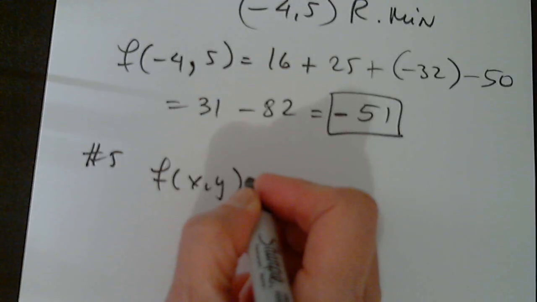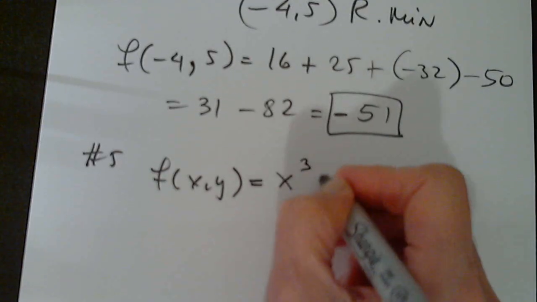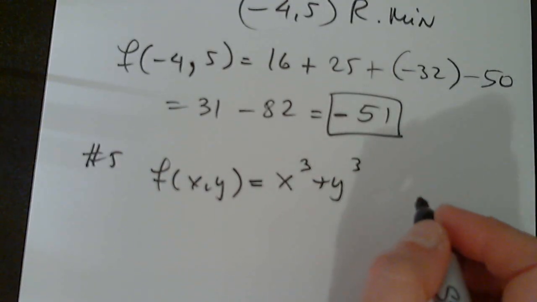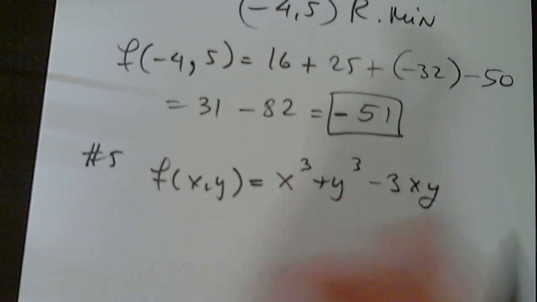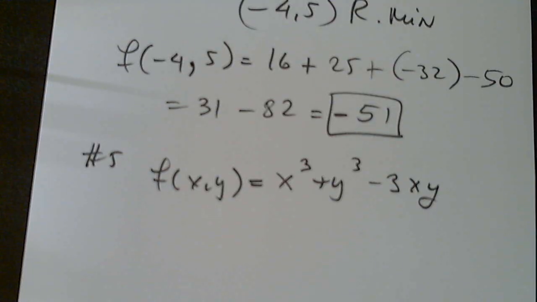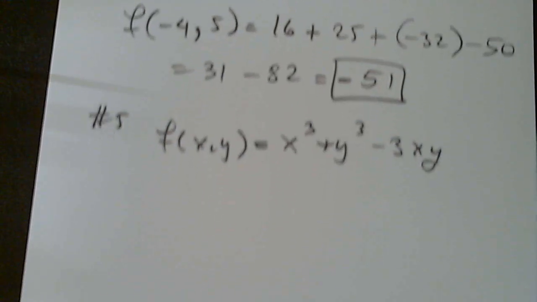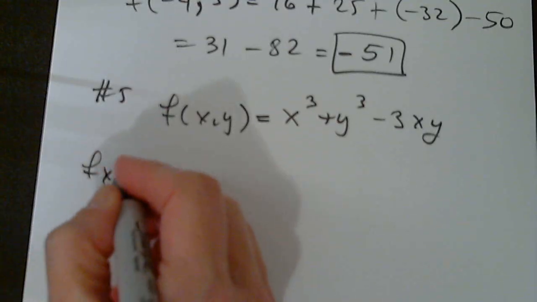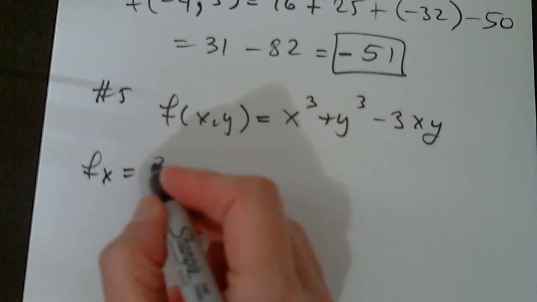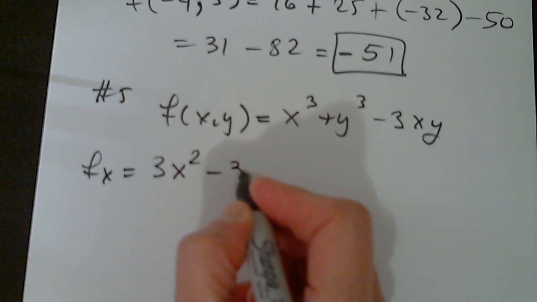fxy is x cubed plus y cubed minus 3xy. Okay. Good, the same question. Find max min. So we have to find fx. So in this case, fx will be 3x squared minus 3y.